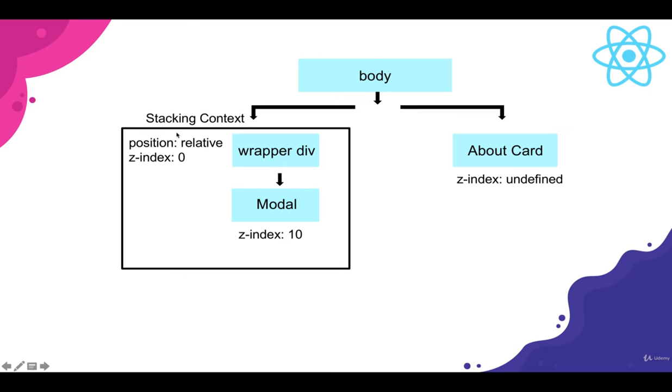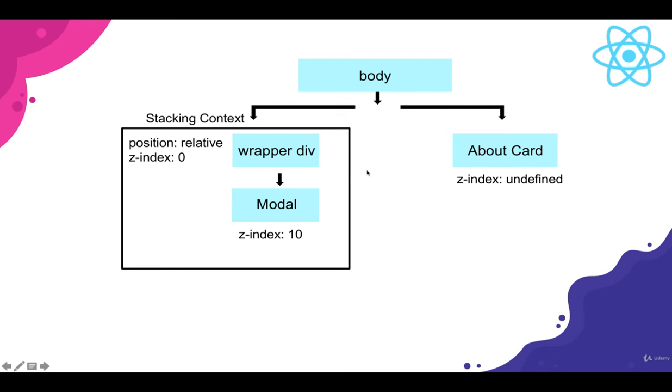Now, there are many different ways to create a stacking context. We now created a stacking context by using a position of relative and a z-index of 0. But that's just one of the many ways of doing this. When we create a stacking context, it essentially creates a new way of comparing different sibling elements that have assigned z-index values that might want to be rendered on top of each other.